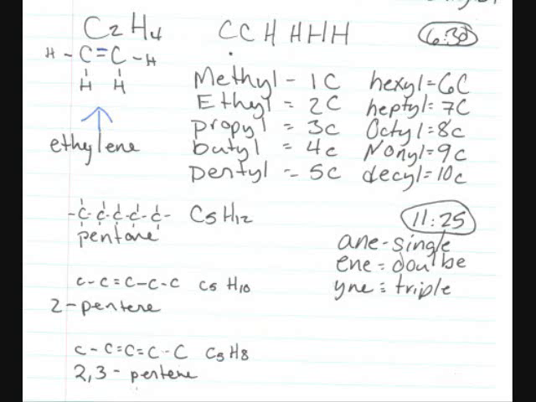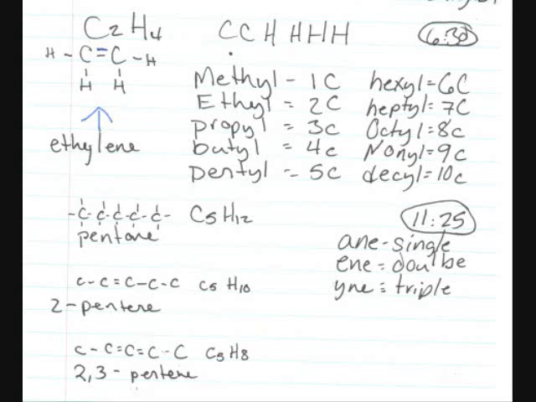We start from the shortest end, the one closest to the double bond. So from here, it's off the second carbon. So this is 2-pentene. It could theoretically also be called 3-pentene if we started from this side, they're going to be the same thing. But we need to say where the double bond is.